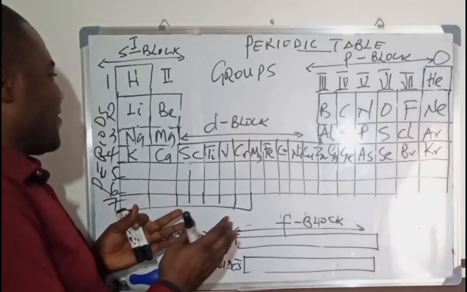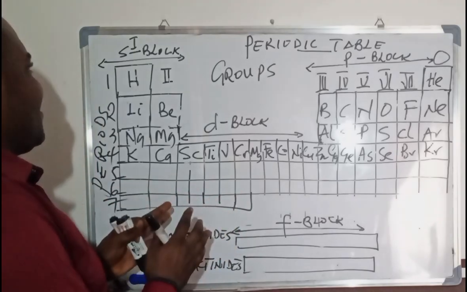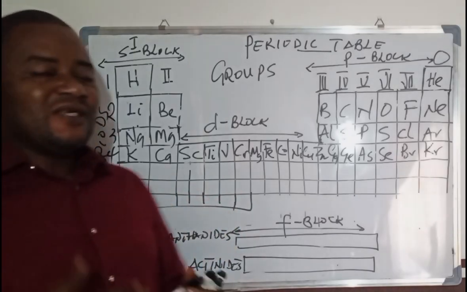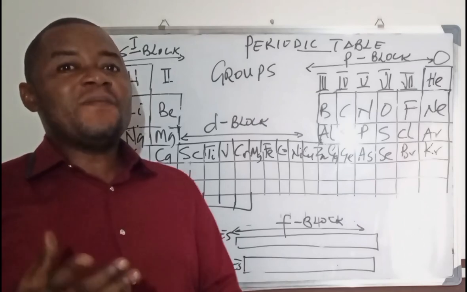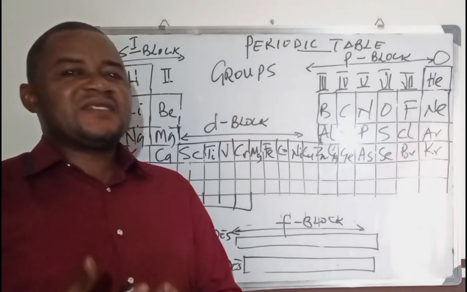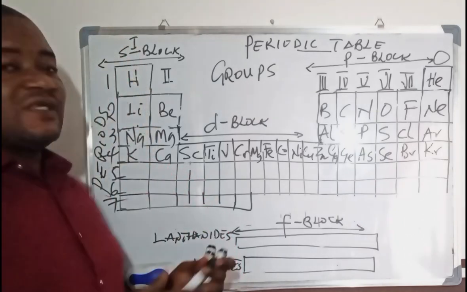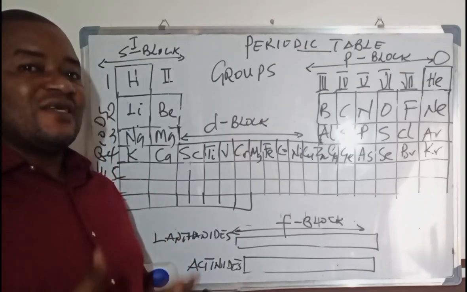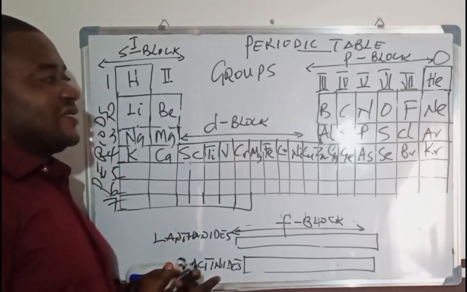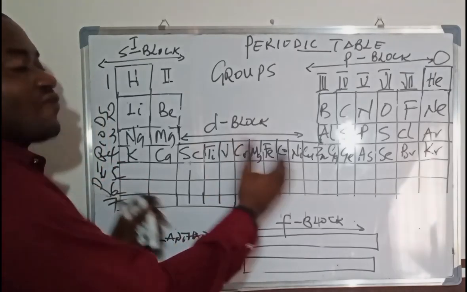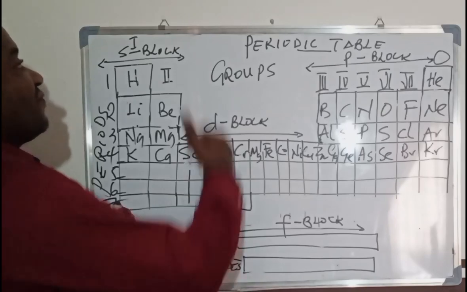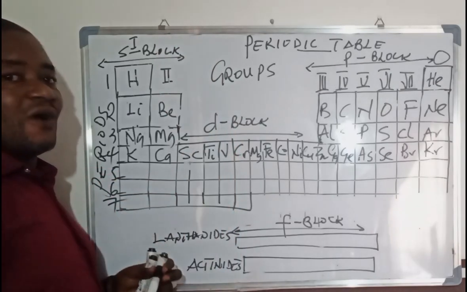Now with this summary that we have gained here, I'm sure we've been able to understand some basic properties that govern the periodic table. We have been able to understand what happens when you move from left to right of the periodic table, or when you move from up coming down the group of the periodic table.